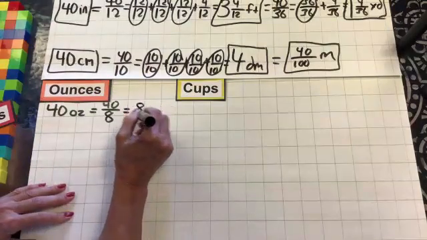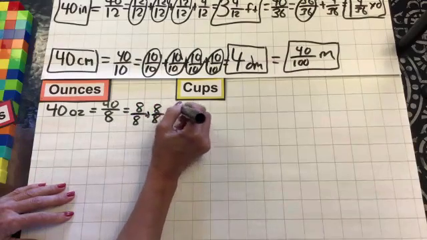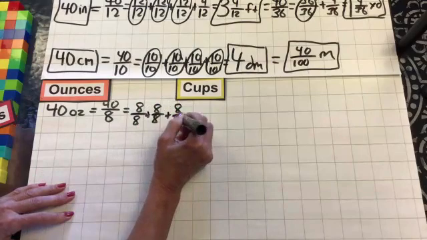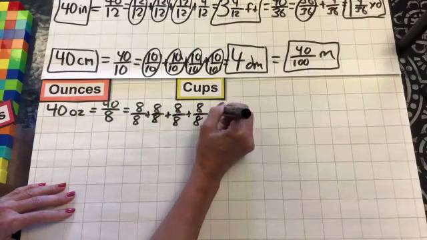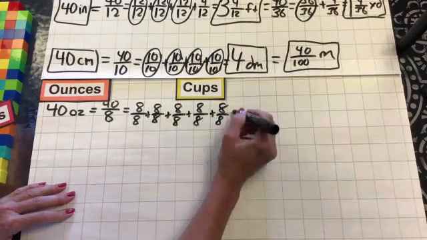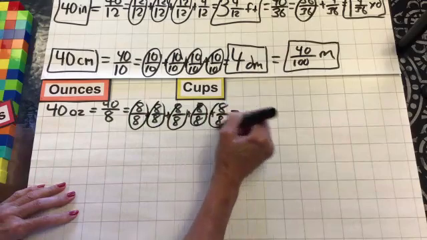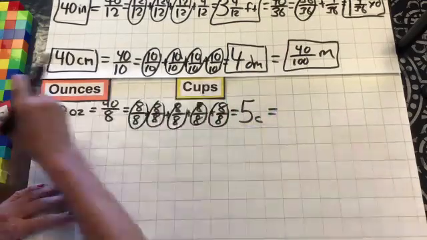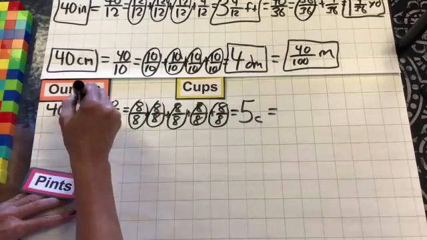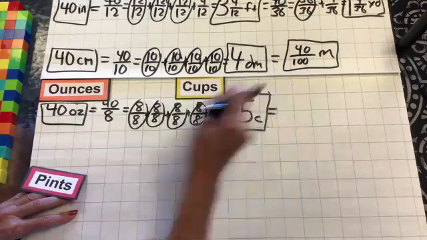So we know 8 plus 8 is 16, plus 8 is 24, plus 8 is 32, plus 8 is 40. Boom. 1, 2, 3, 4, 5 whole cups. So 40 ounces is the same as 5 whole cups.